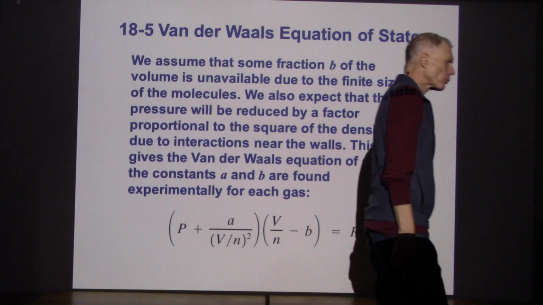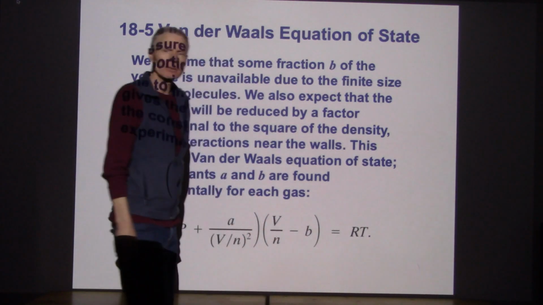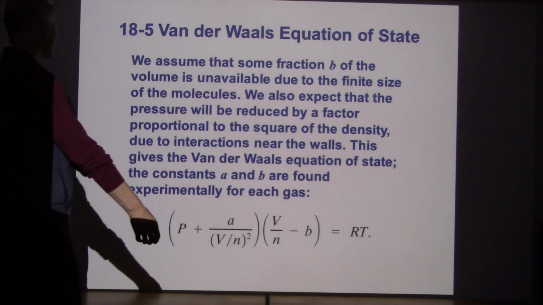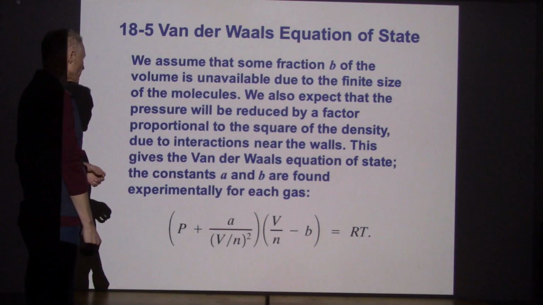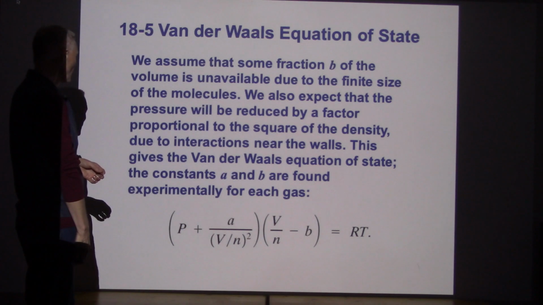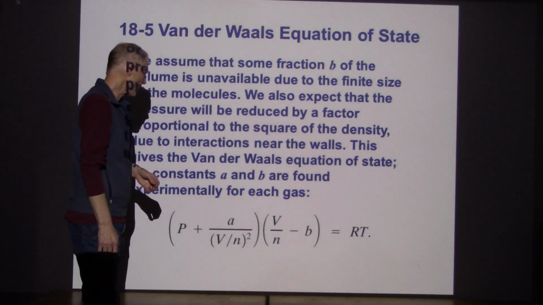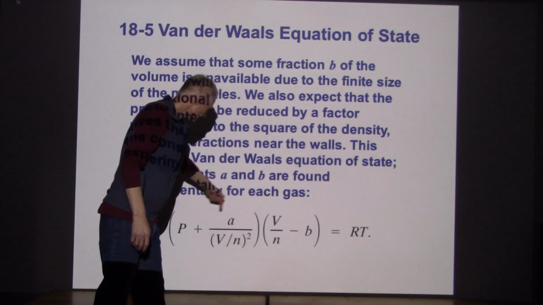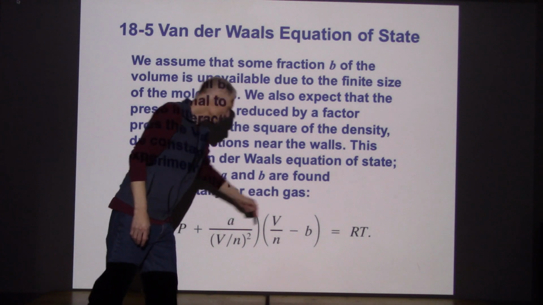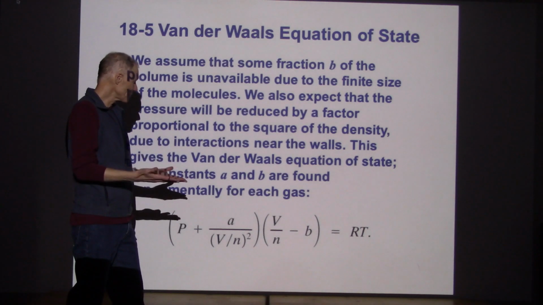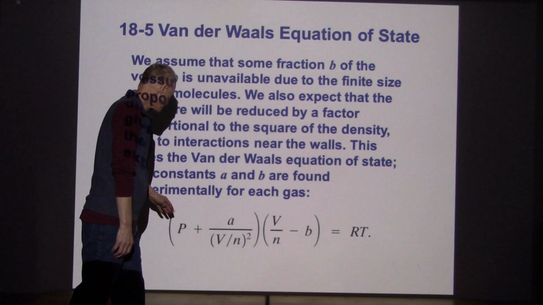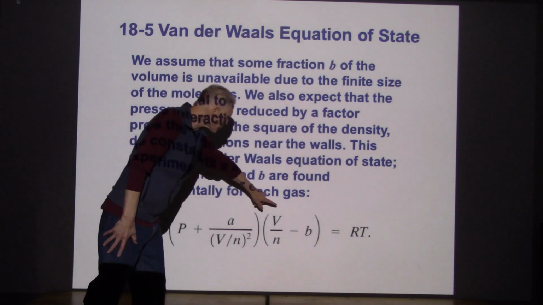So how did van der Waals change the ideal gas law to adapt to these properties? First of all, instead of just having P times V divided by n on the left side, we've got a reduced volume.